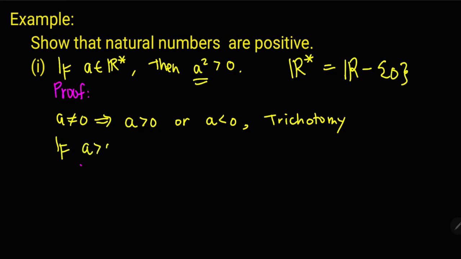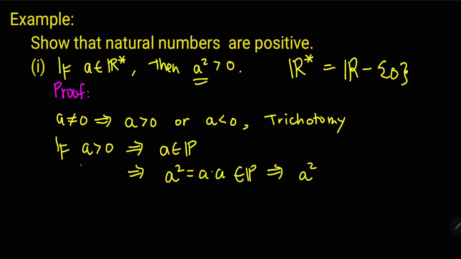If A is greater than 0, then A is positive. Now, if A is positive and you multiply A by itself, then the result must be positive. So that means A squared, which is A times A, must be positive. So if A squared is positive, the only logical conclusion is A squared is greater than 0.